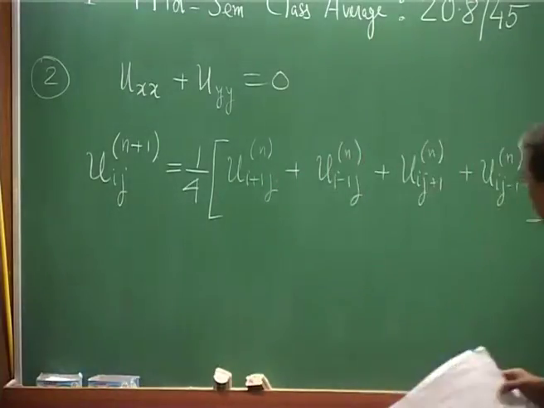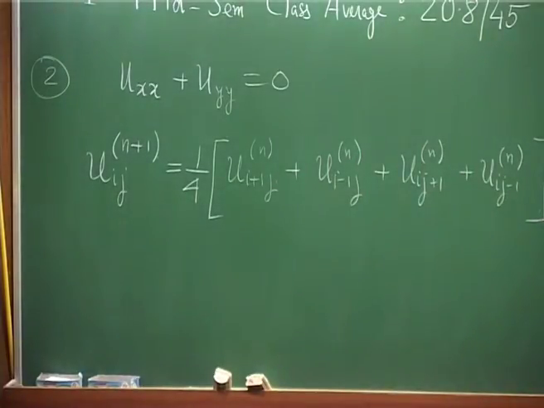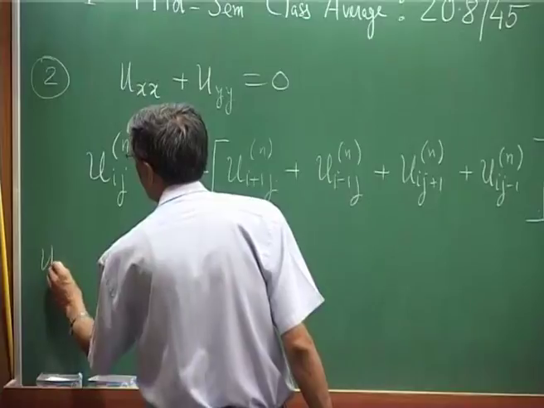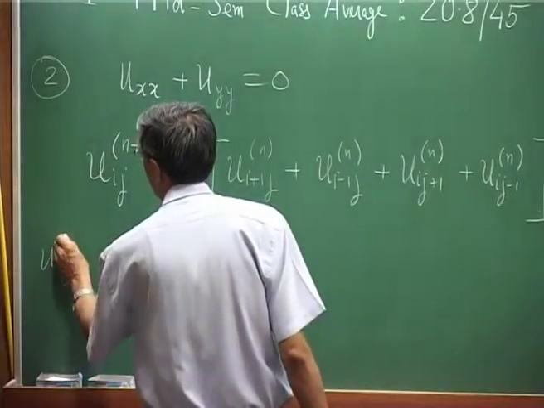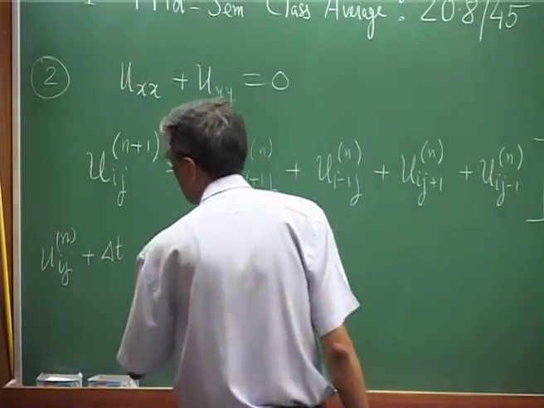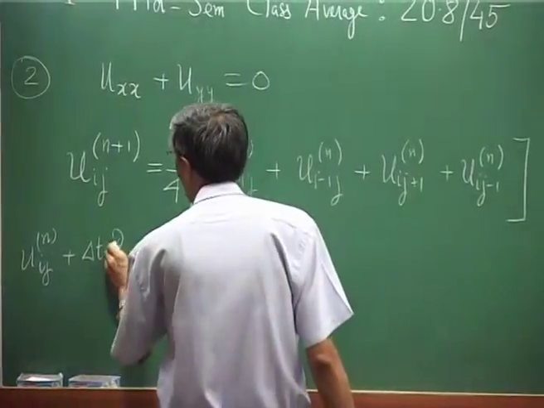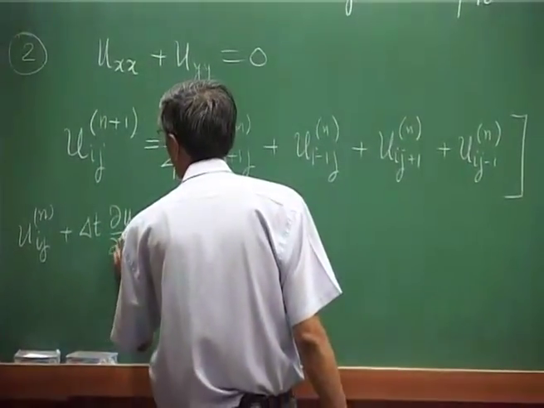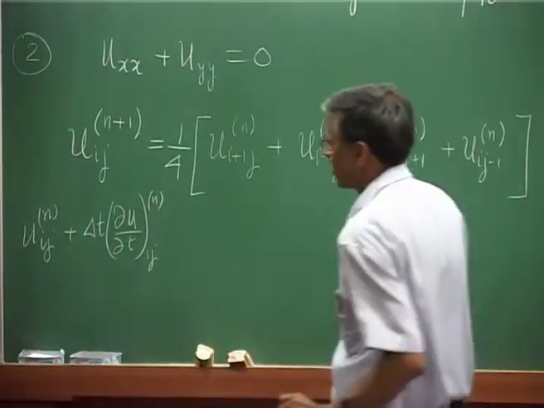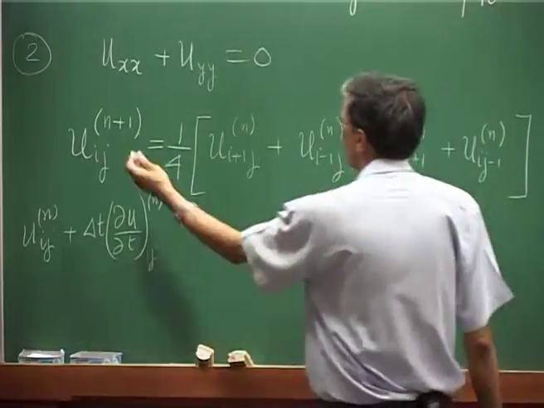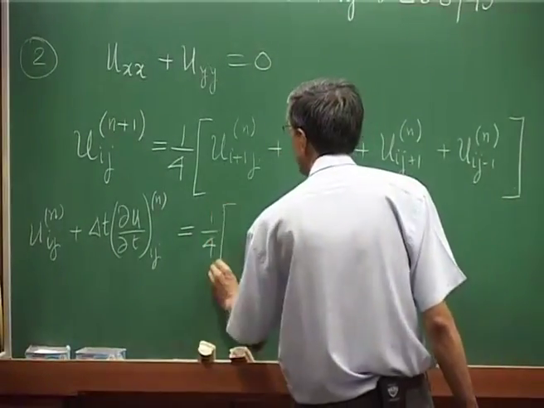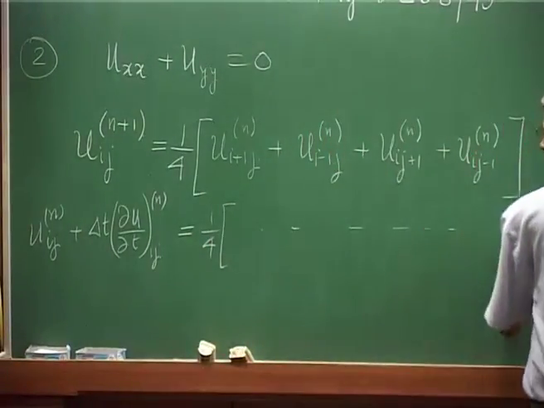As I told you, treat n as something like a pseudo time. Okay. If you do that, you can see the left hand side, I could write it as u i j at n plus some pseudo time step delta t, and this will be del u del t evaluated at the same point at this time level, and then of course, there would be other terms we will just neglect.